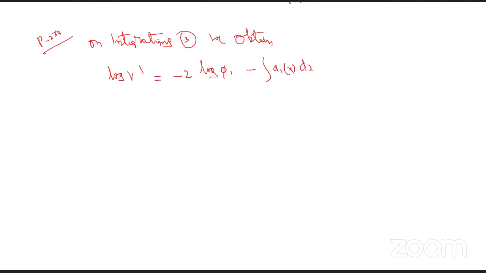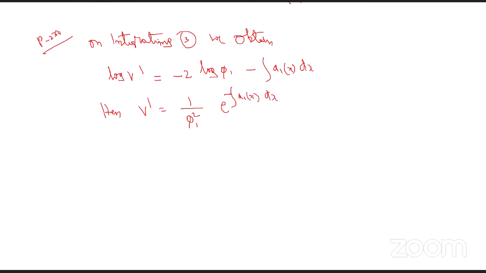Hence v dash equal to 1 by pi 1 square into e power minus integration a1x dx.